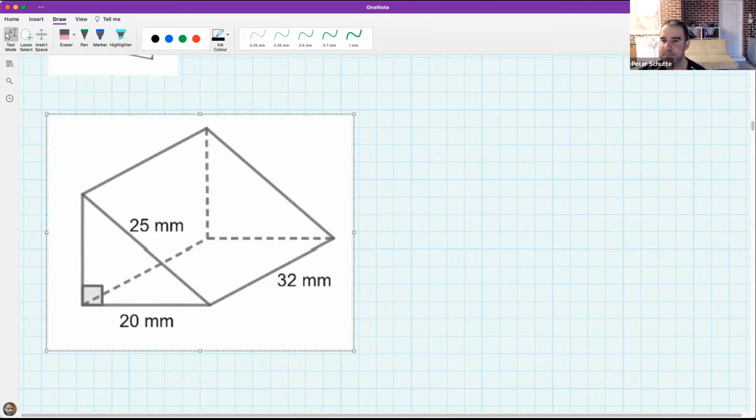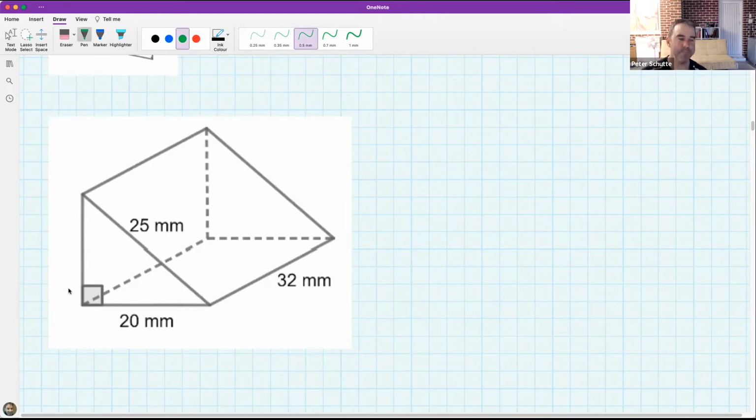Loreto, why do you think Pythagoras would be useful here? So we need to find the other side. Exactly. Do you mean this side over here? Yes. Why do we need that side? It's the height. Yes, because we don't have the height of the triangle, and so we needed the side that measured it. Perfect. Thank you, Loreto.